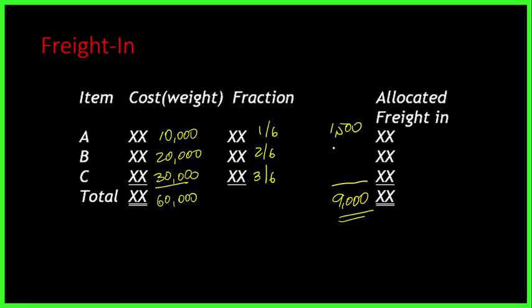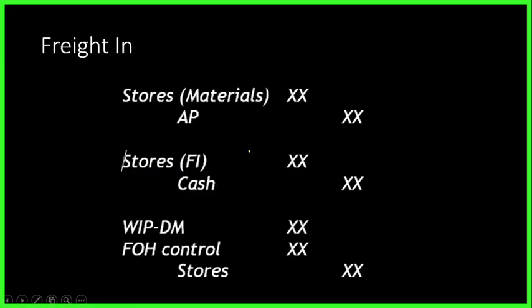Paki-calculator na lang. Times 2, it's 3,000. Times 3, that's 4,500. So if you issue this material A, you will also have 1,500 for the freight in. You can have the following journal entries in the acquisition of materials, debit to stores, or simply raw materials, and credit accounts payable or vouchers payable or cash if it's paid in cash.